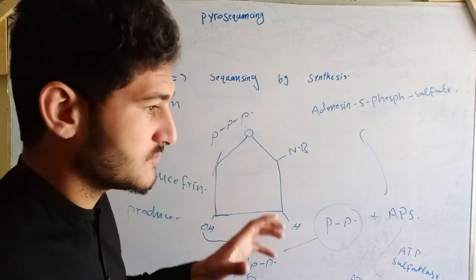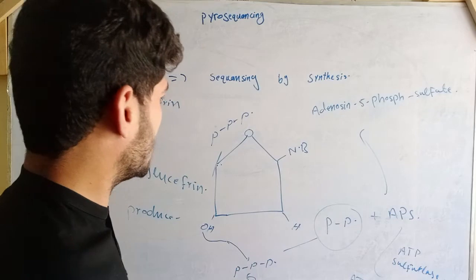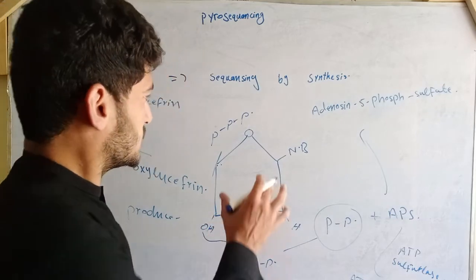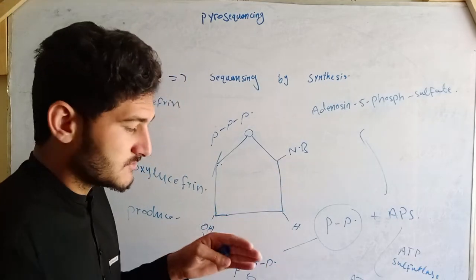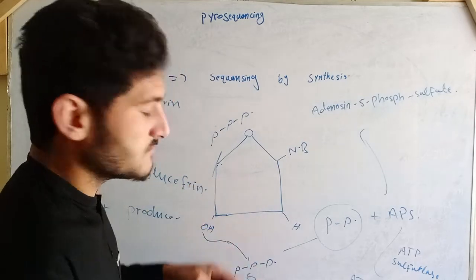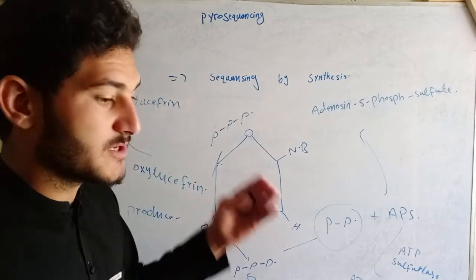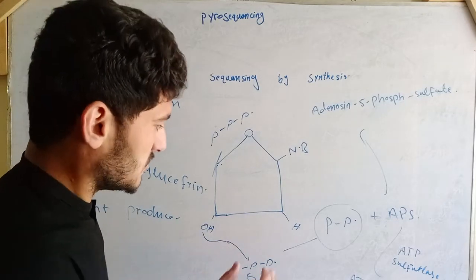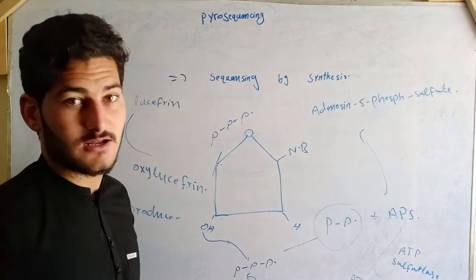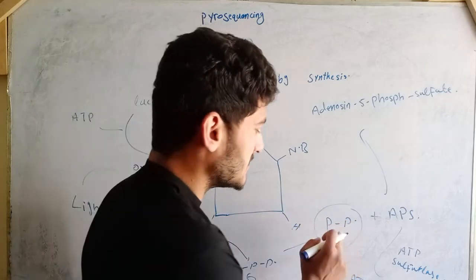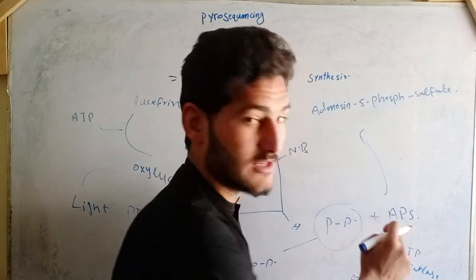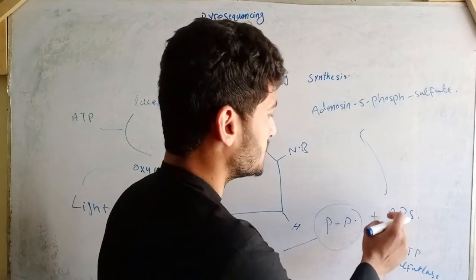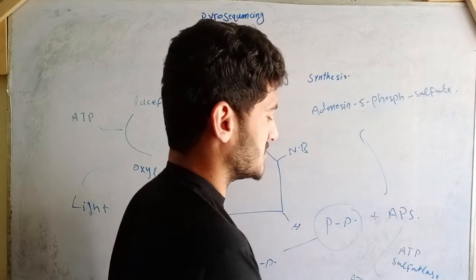So now I want to repeat this process. During the sequencing, when a new nucleotide is added to the previous nucleotide and to the unknown sequence, pyrophosphate is removed, and then this pyrophosphate combines with APS, adenosine phosphosulfate.